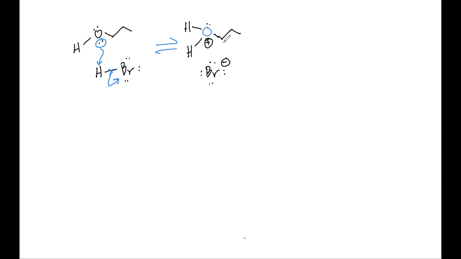Now, because this carbon, where the oxygen of the water, or the leaving group, is located, is primary, we are using an Sn2 mechanism, which is, as we say, Sn2 and E2 are bimolecular.